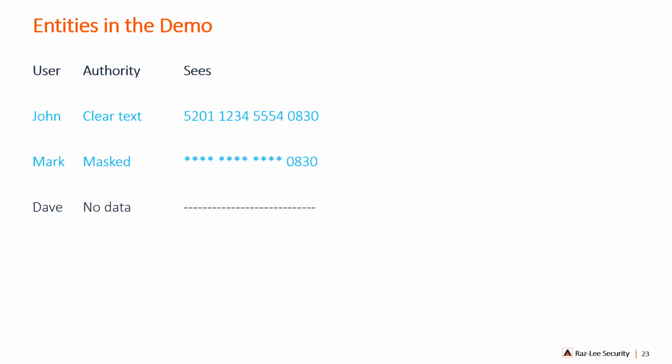So now it's time for the demo. As I said, we shall show you a little bit of our software. We shall use the user Mark, who should see data as masked data, while we shall also use another user who will see the data in clear text.